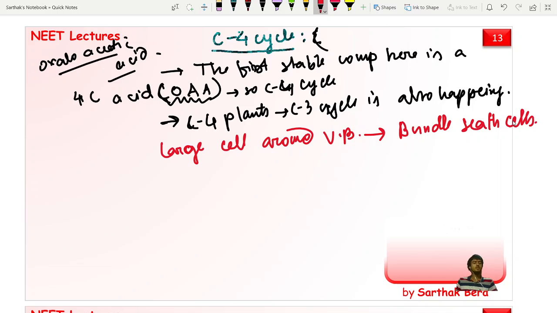It is a basic concept, and it is also in plant anatomy. While you are reading plant anatomy, you will learn about this also.